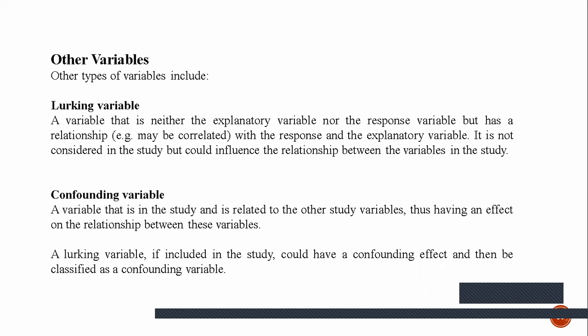So here for the other types of variables, we have two different variables. One is the lurking variable and the other one is the confounding variable.